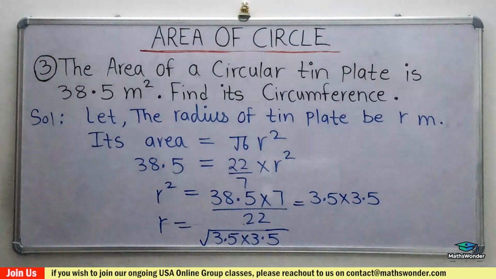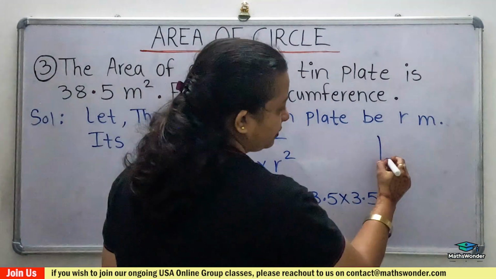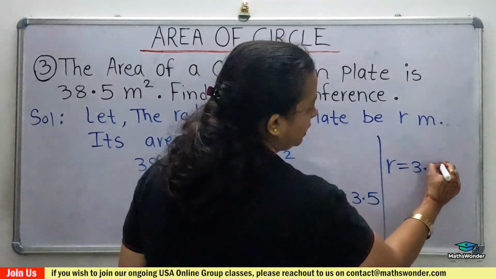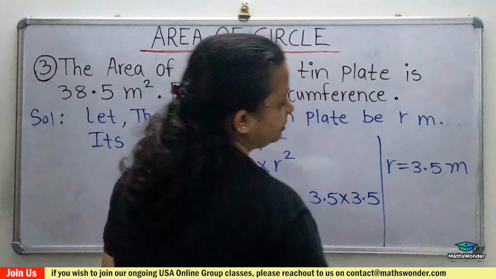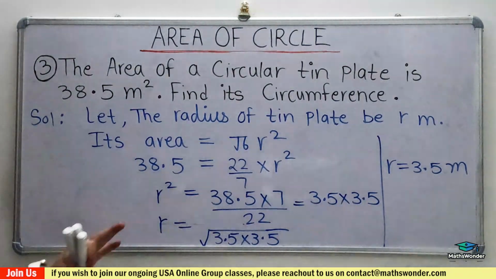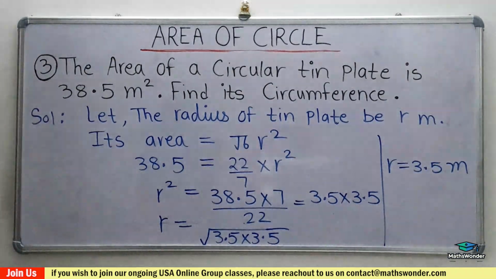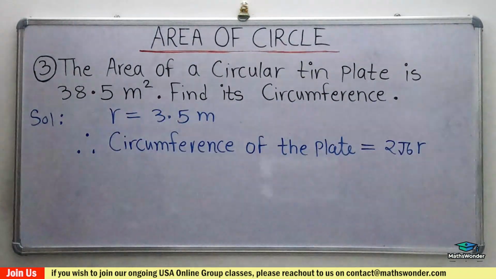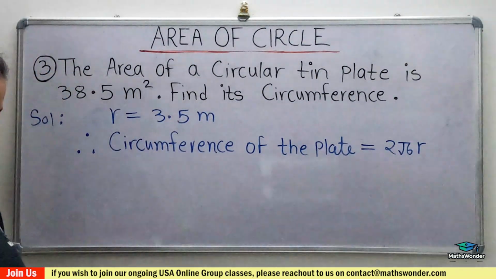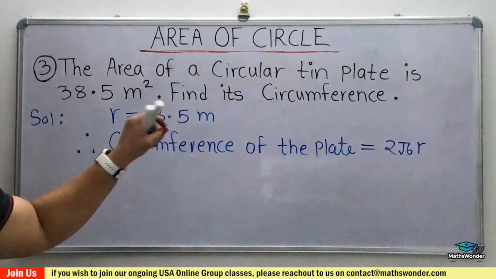When you remove the square root, automatically your r is 3.5 meters. So r we got it, 3.5 meters, from this area. Radius is in meters, circumference is in meters, only area is in meters square. That's it.